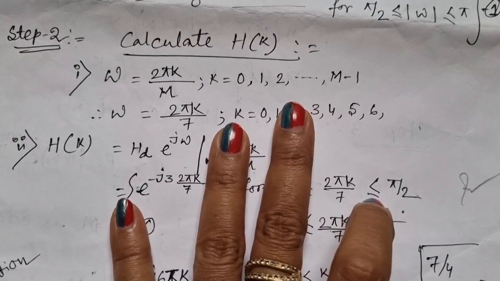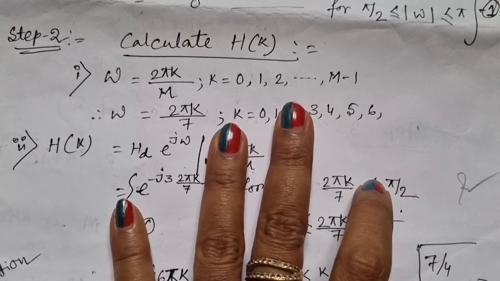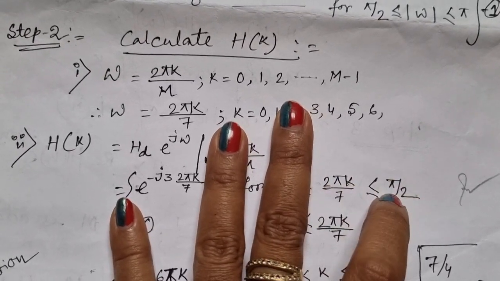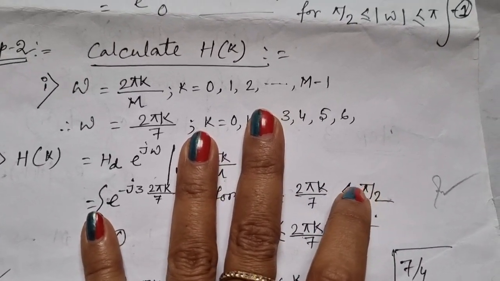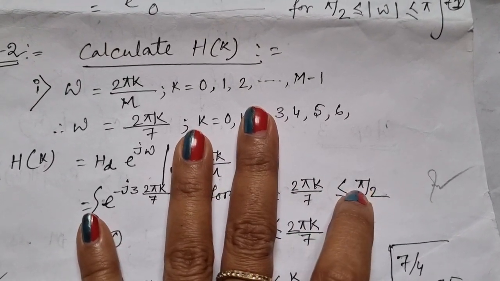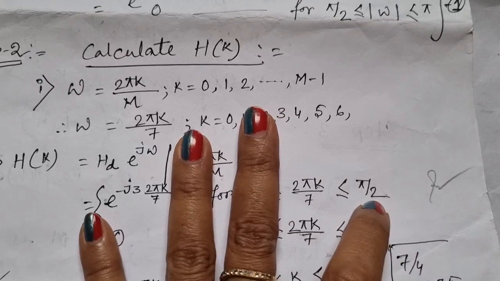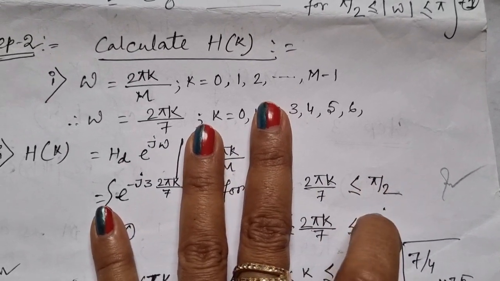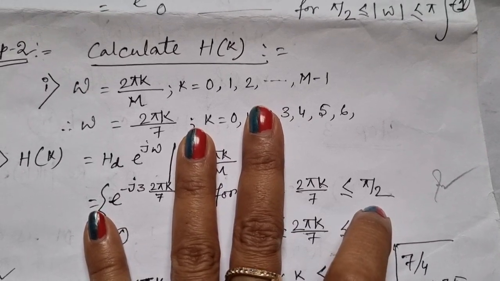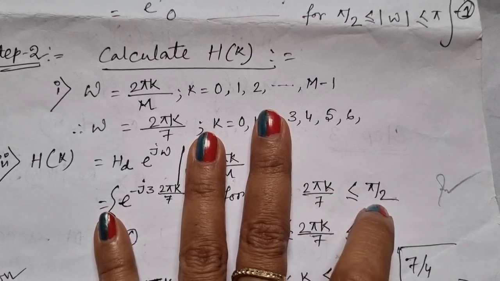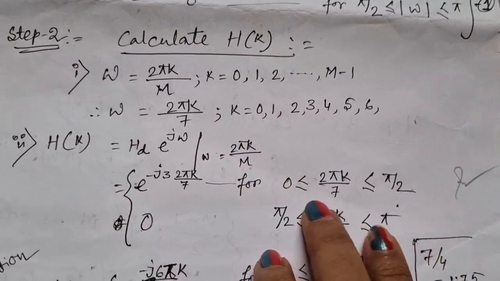If it is considered as equal, pi will be cancelled out. How can we solve an equation? Pi will be cancelled out, this 2 will go there, and this 7 will go there. So on the right-hand side it will be 7 by 4, and here k, so k is 7 by 4 for this limit.